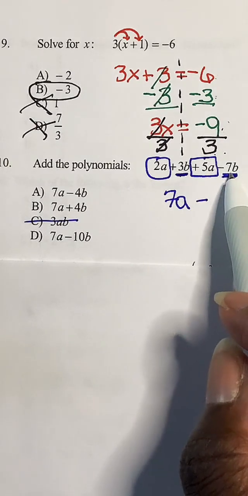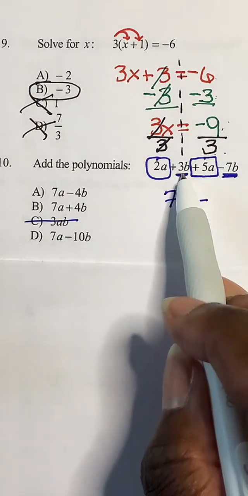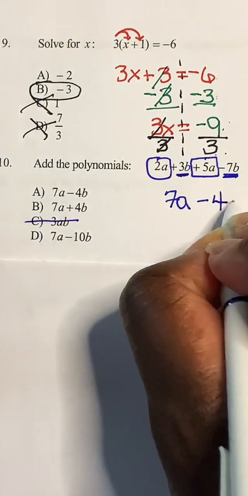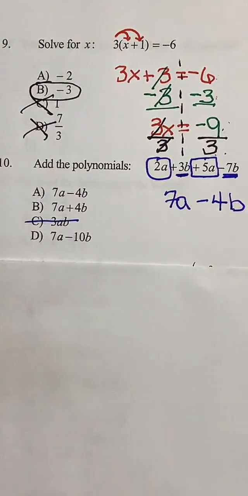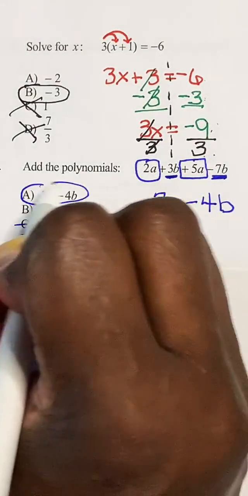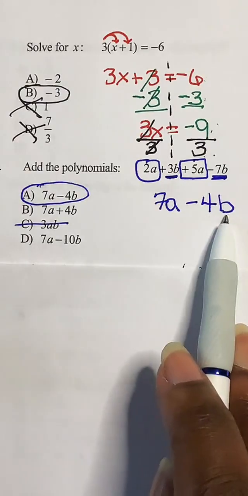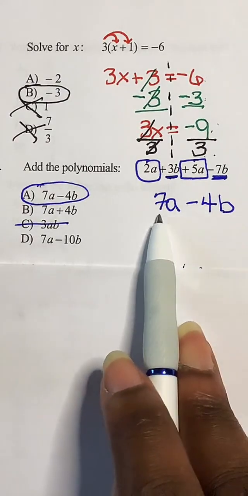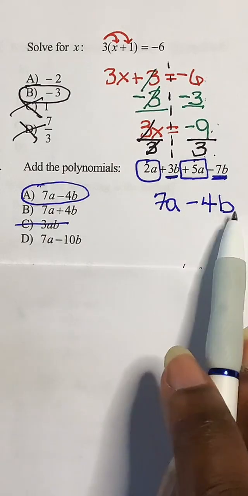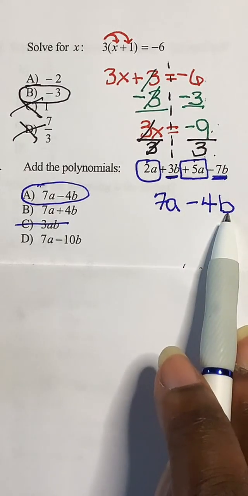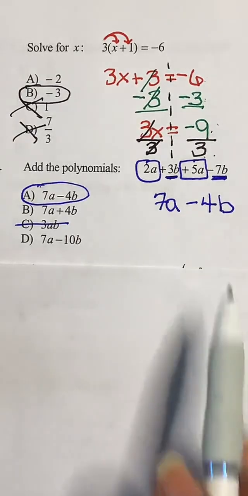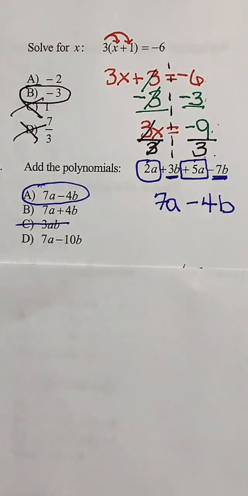Now, what's left over is a positive 3 and a negative 7. Well, the signs are different, but my larger number is 7, so I know I'm going to have a negative. Or think of it this way. You owe me $7, you paid me $3. So that means you still owe me $4. That's why your answer choice is going to be A.